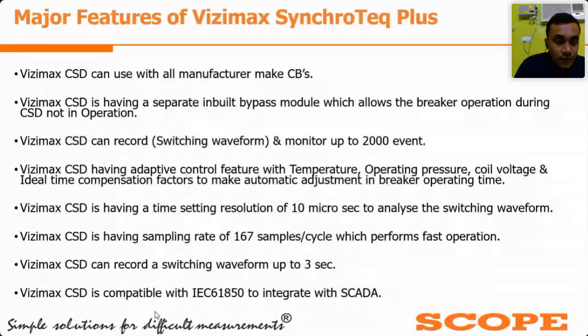Vigimax CSD has a sample rate of 167 samples per cycle, which performs very fast operation. It can record a switching waveform up to 3 seconds. Vigimax CSD is compatible with IEC 61850 to integrate with SCADA with the help of an external card, which is an optional feature.